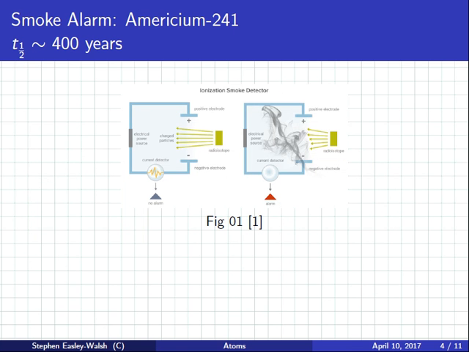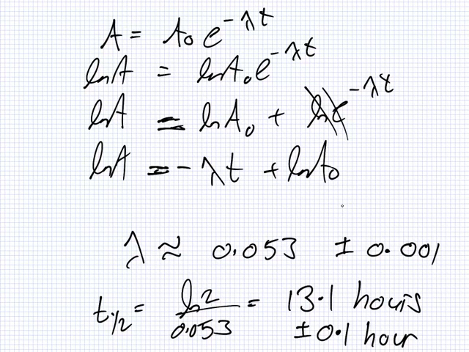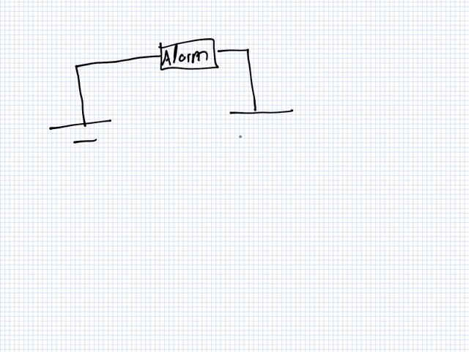Now, I know you can't quite see the picture, but I can roughly draw it here. Let me see if I remember this. A smoke alarm is very, very simple. You've got a cell, of course. You've got some kind of alarm, I'll just write alarm here. And then here you have an electric field.